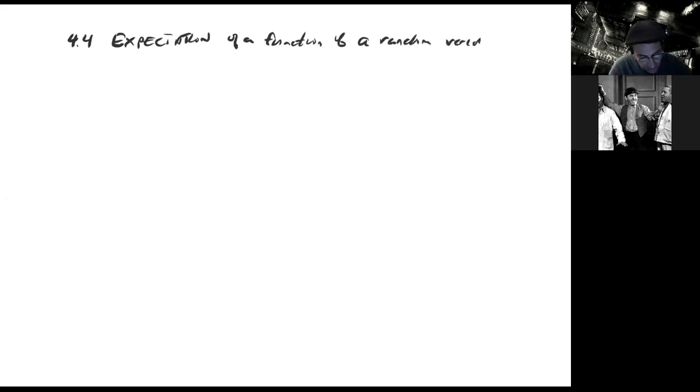Okay, so 4.4, the expectation of a function of a random variable. So what does this mean? So we have X, a random variable, on our discrete sample space.